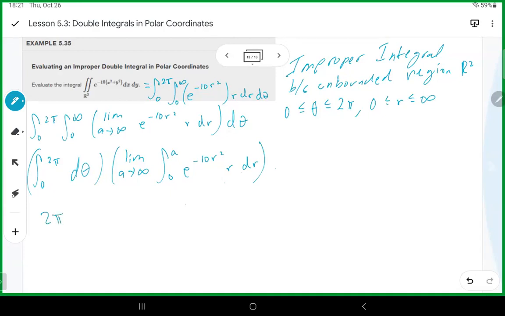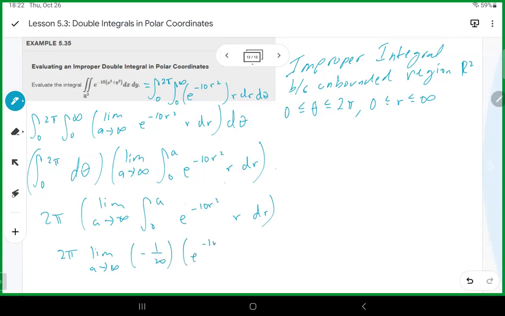Okay, so we're going to bring out 2 pi. So that's going to just give us pi over 10.